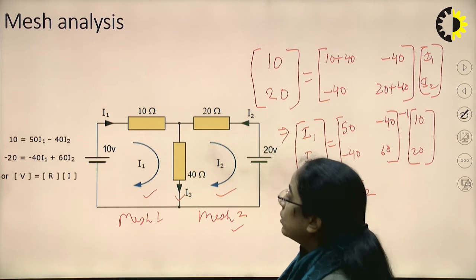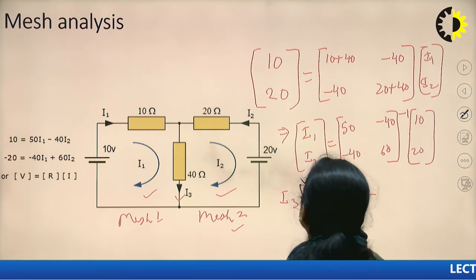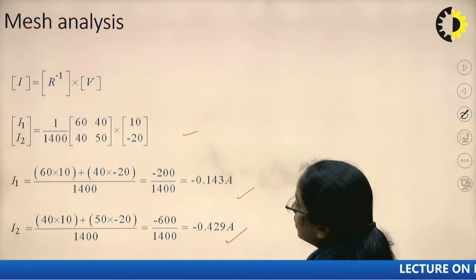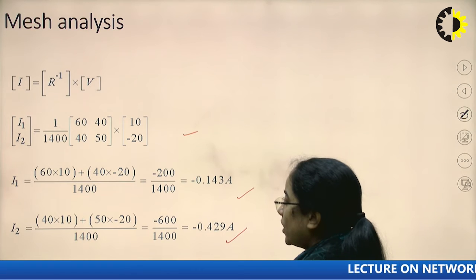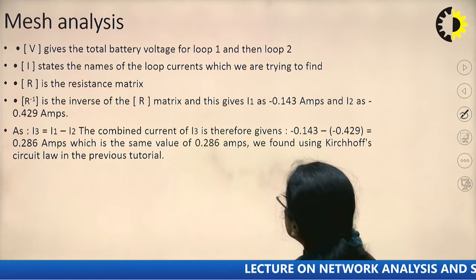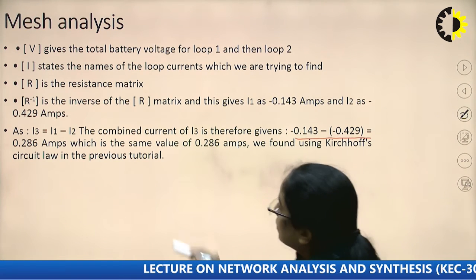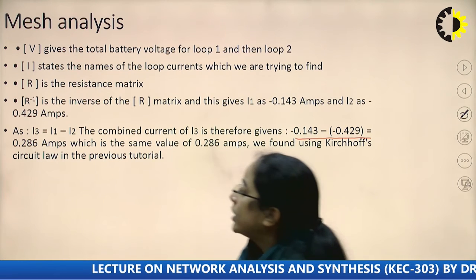Now we have calculated I1 and I2, so we will calculate I3 also. This has been calculated as 0.286 ampere.